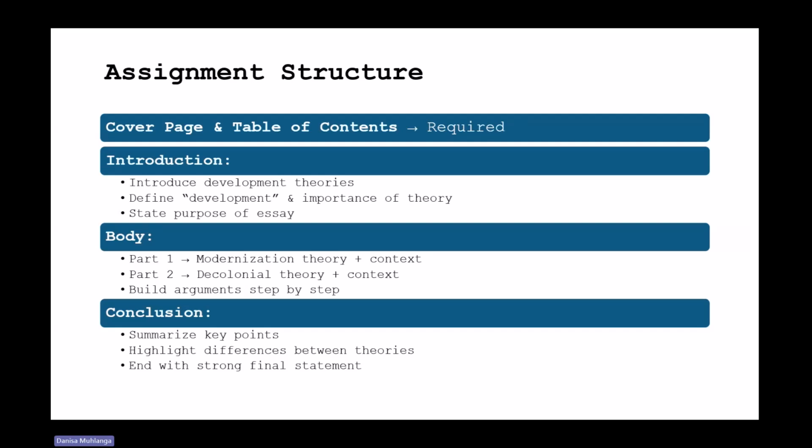So the questions that you're going to use, you remember when we were doing our class, I was using real-time examples, so that the person that is marking your assignment can say, okay, this is a development studies student, meaning they are aware of their surroundings. They know what's happening in their world, in their surrounding, in their country.